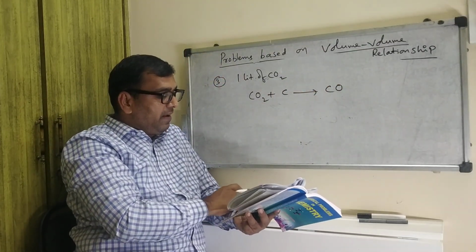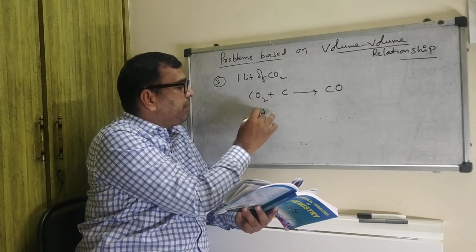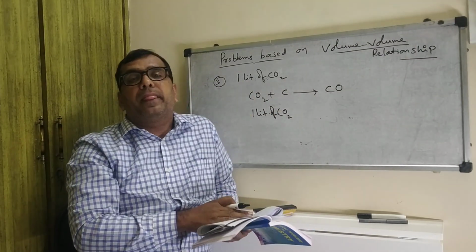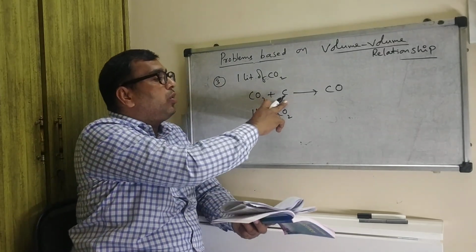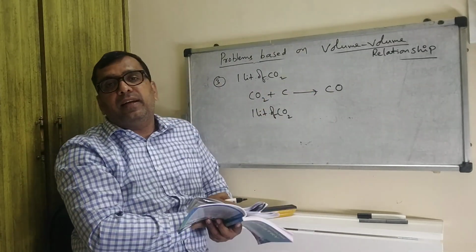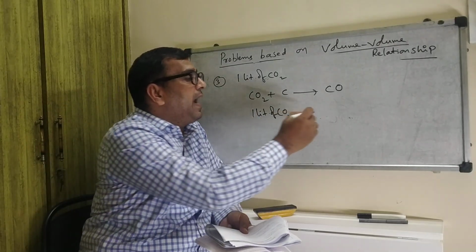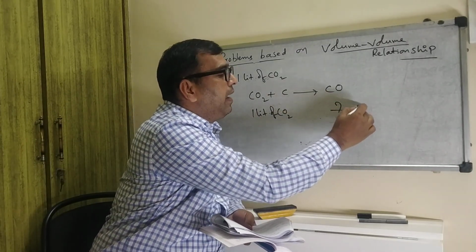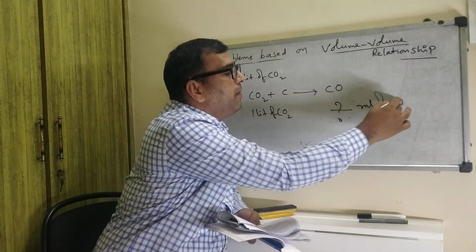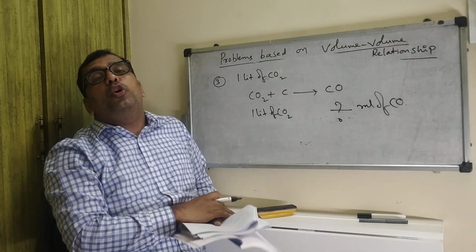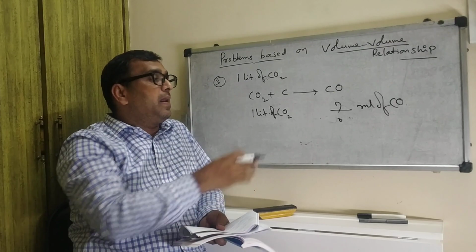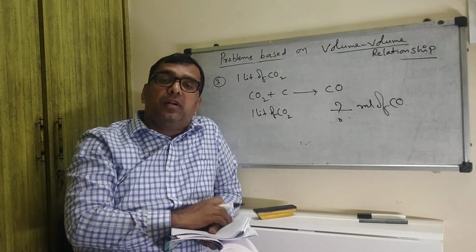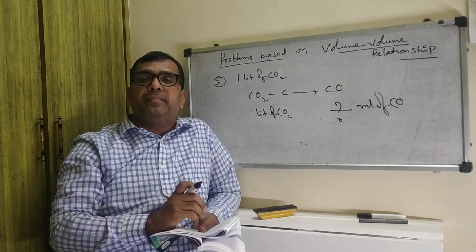So 1 liter of carbon dioxide is passed through red hot coke to form carbon monoxide. Calculate the volume of carbon monoxide. Then what you have to do? Come on, I will give you 1 minute. Then you do it.